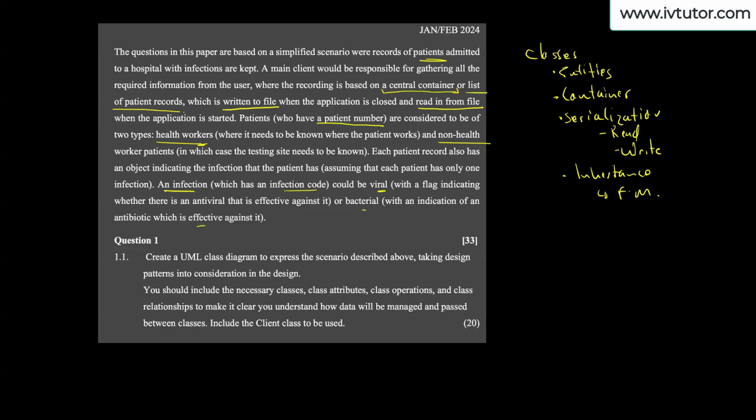So if an infection has an infection code, then viral and bacteria become types of infections, because a viral infection would have a flag that says, is there an antiviral or isn't there? Or bacteria, which has an attribute that says antibiotic. So you can see just by reading through your paragraph, you start to pick up classes and you start to come up with a sketch of what's going on.